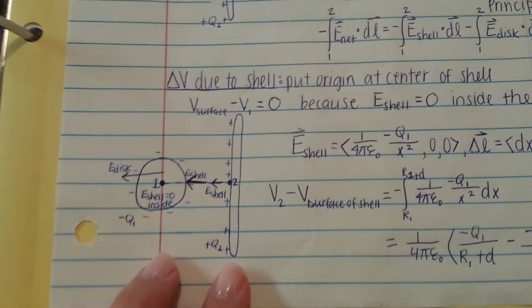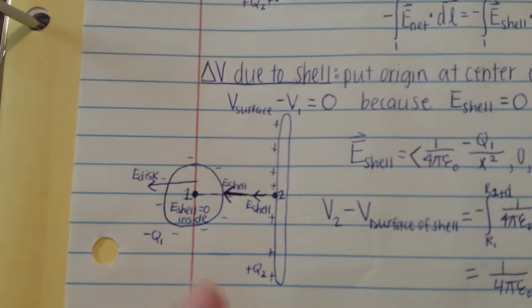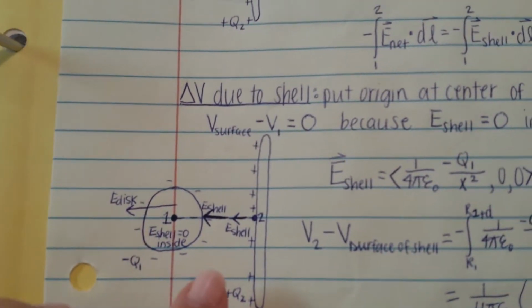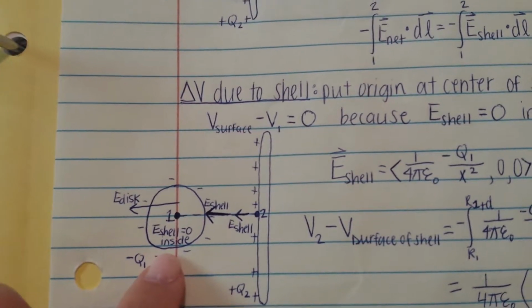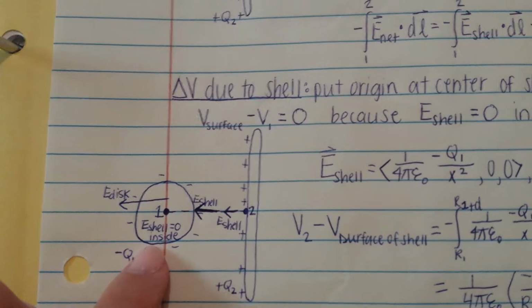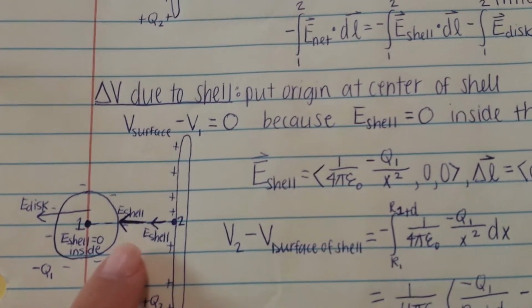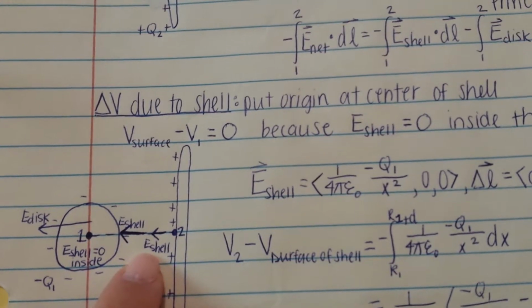So I've redrawn the picture here and drawn the electric fields due to the disc and the shell. And we know inside of the shell, the electric field is going to be 0. And here I've drawn the electric field due to the shell.